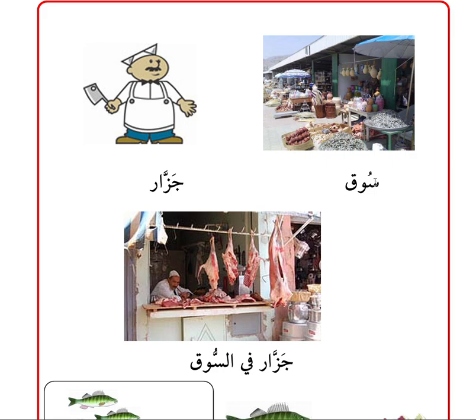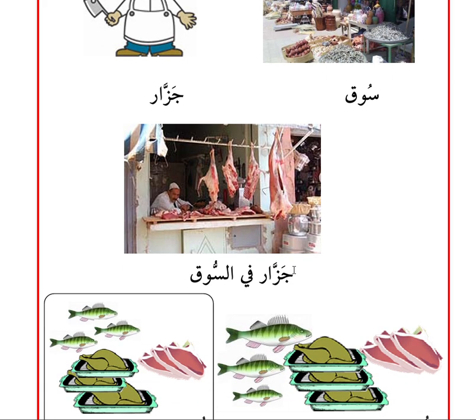Then we have over here suq, market, and jazar we already saw, which is butcher. And here the example is in a sentence, jazar fi suq, which means a butcher in the market.